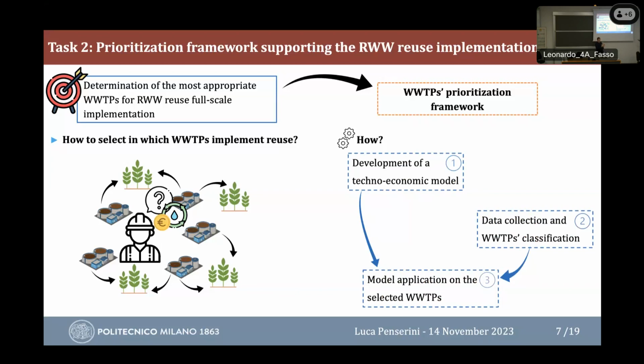Because the classification enabled us to not study the whole set of wastewater treatment plants that we have, but identify representative wastewater treatment plants and use them as an example, so the same results that we obtain for them, we can extend to the other wastewater treatment plants. Then the model developed in the first step was applied only to these representative wastewater treatment plants.